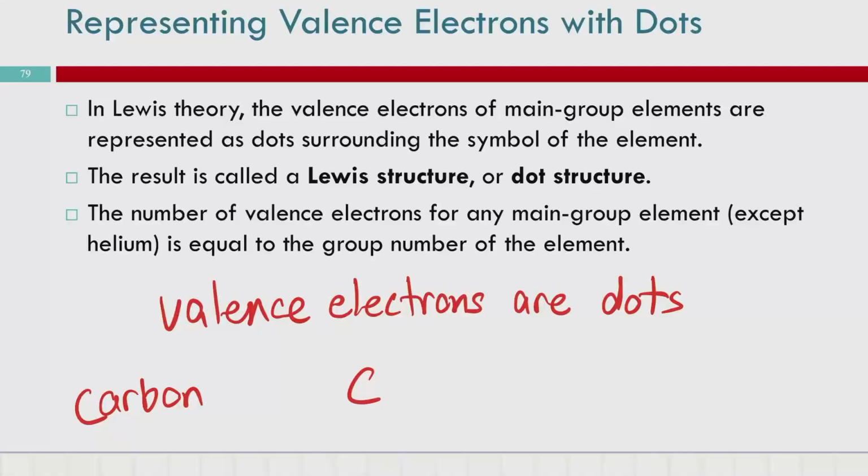Column 14, group 4A, 4 valence electrons. We could also do an electron configuration if we really wanted to. I don't want to. It gets 4 dots, one in each of the cardinal directions, north, south, east, and west. The result is called a Lewis structure or dot structure or Lewis dot structure.